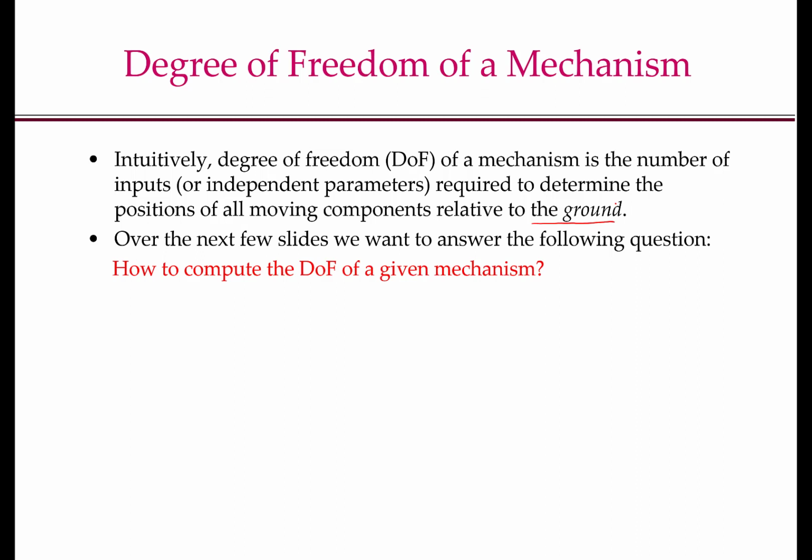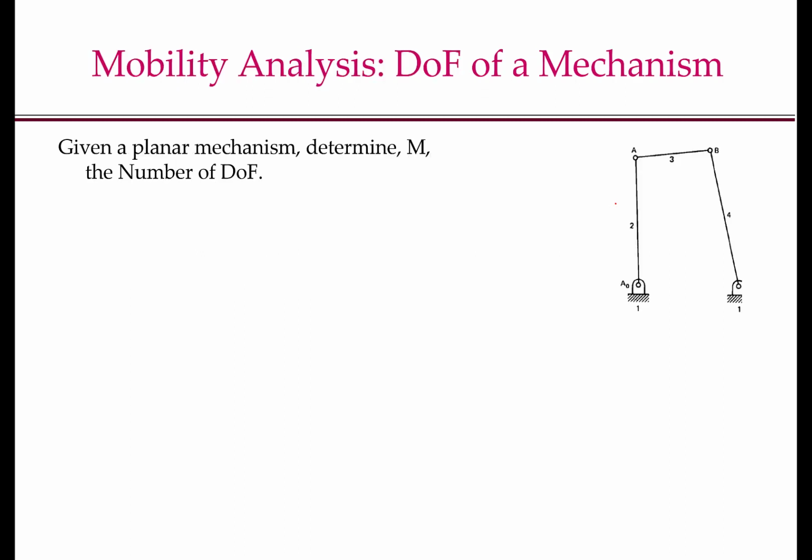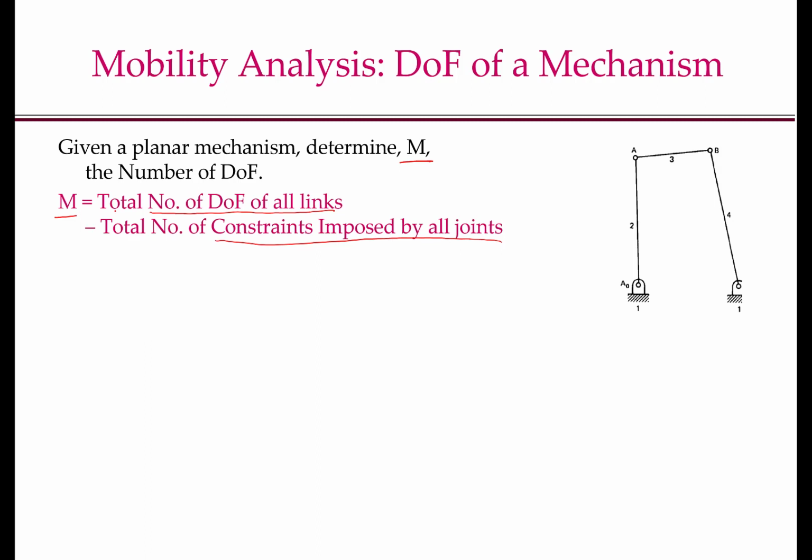Over the next few slides, we want to answer the following question: how to compute the degree of freedom of a given mechanism. So our goal is the following: given a planar mechanism, determine M, the number of degrees of freedom. The degree of freedom of a mechanism M is the total number of degrees of freedom of all links minus the total number of constraints imposed by all joints.